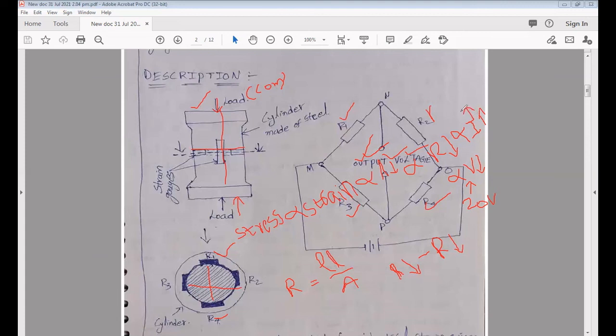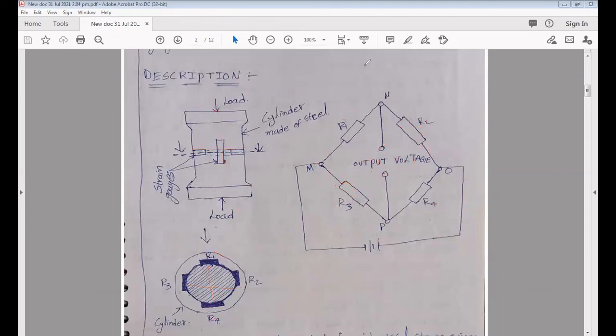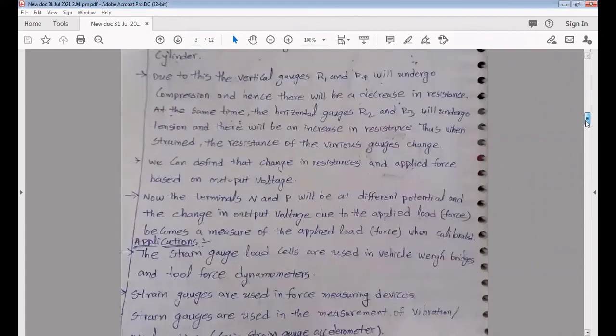According to the flow of current, what is the resistance in the four arms? What is the length of the four arms' material? According to that, we can find out the strain. According to the strain, we can find out the stress. This is the analysis in a load cell, meaning strain gauge load cell analysis. Remember, this is the final value we measure using the strain gauge load cell analysis.